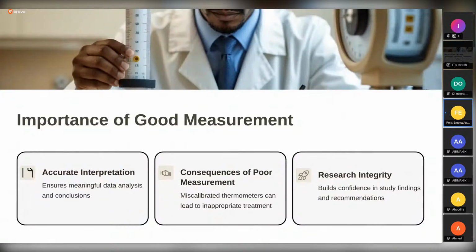You see people go to the field with a questionnaire they just designed, with no test, no pre-test. Pre-test is also a part of face validity, where you take about 10% of your minimum sample size. Let's say your minimum sample size is 200, you take 20 of those questionnaires and give them to a different population from the one you collect your original data from.